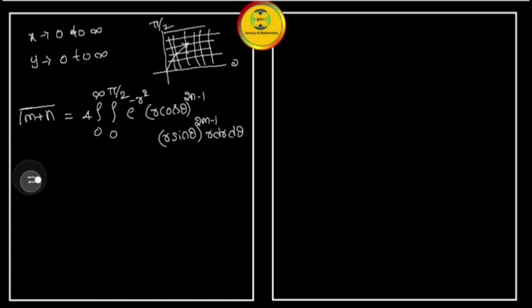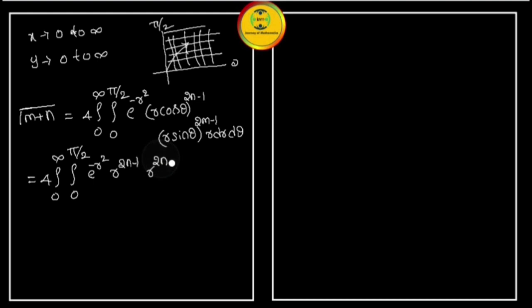Now this one is equal to 4 into integral 0 to infinity, integral 0 to pi by 2, e power minus r square into r power 2n minus 1 into r power 2m minus 1 into cos power 2n minus 1 theta into sin power 2m minus 1 theta.